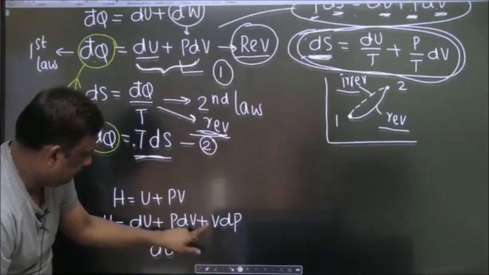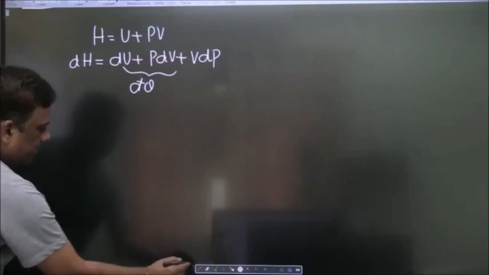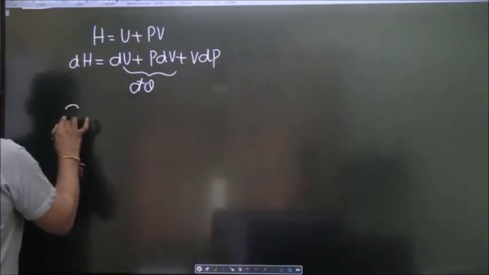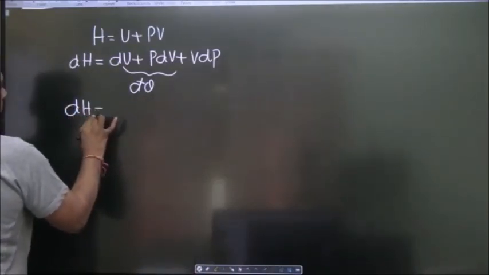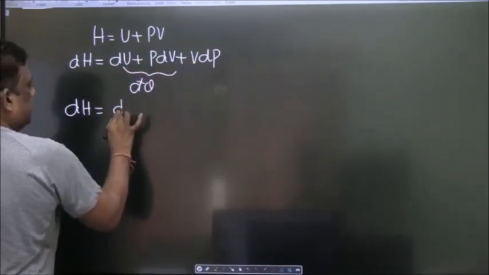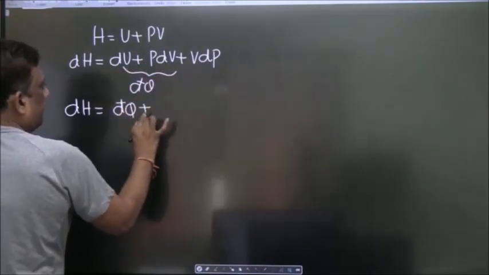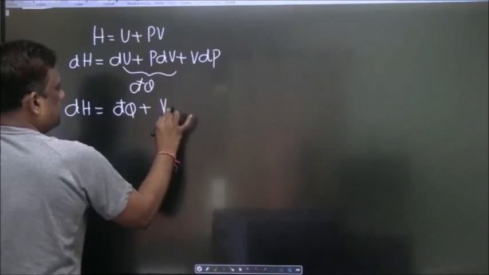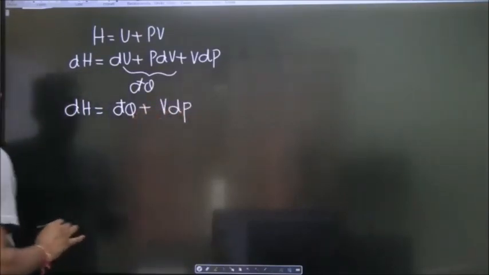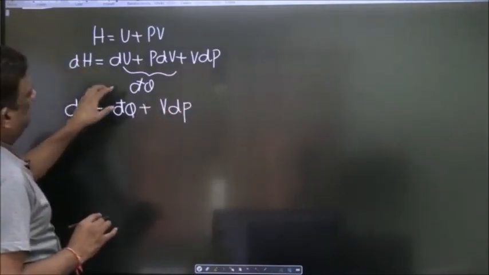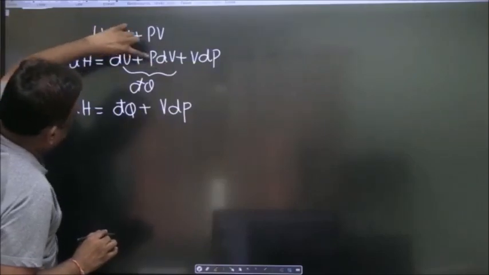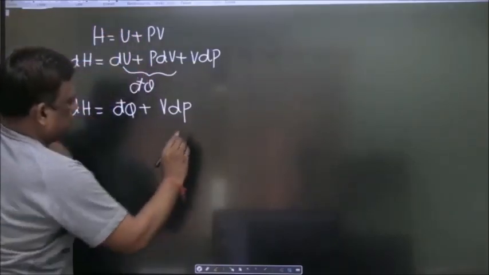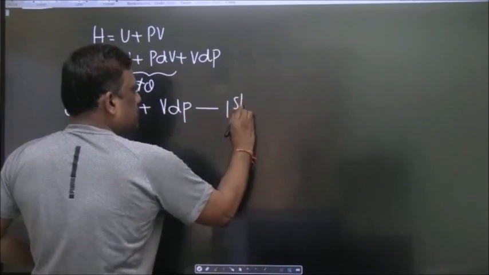Therefore, now we write dH is equal to du plus PdV, which is d'Q, plus VdP. This is from the first law. Du plus PdV is d'Q. We got this from the first law.